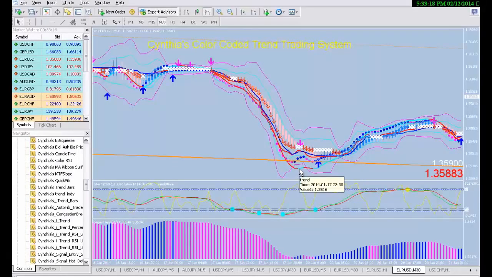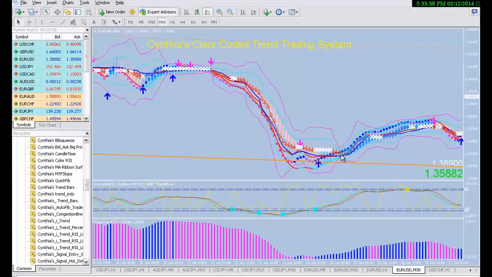It tells you to get out of the trade, and you've already had the non-leg dots change from pink to blue, and you have the white X's. So this would be a good place to exit. Then you have the up arrow, but you don't act on it because you have all these white X's.